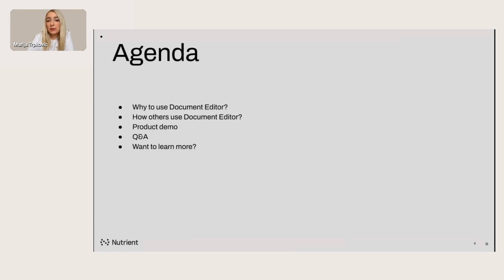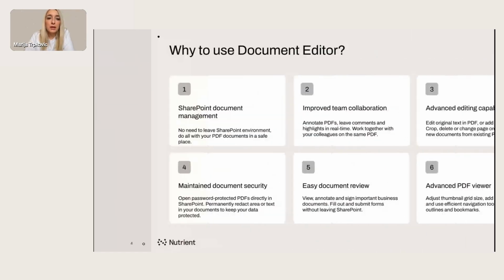We'll do our best to answer your questions as we go along, but we'll also dedicate some time at the end to address any unanswered questions. And finally, I'll wrap up by pointing you to additional resources where you can explore more about our product and its features. Now let's just jump right in.